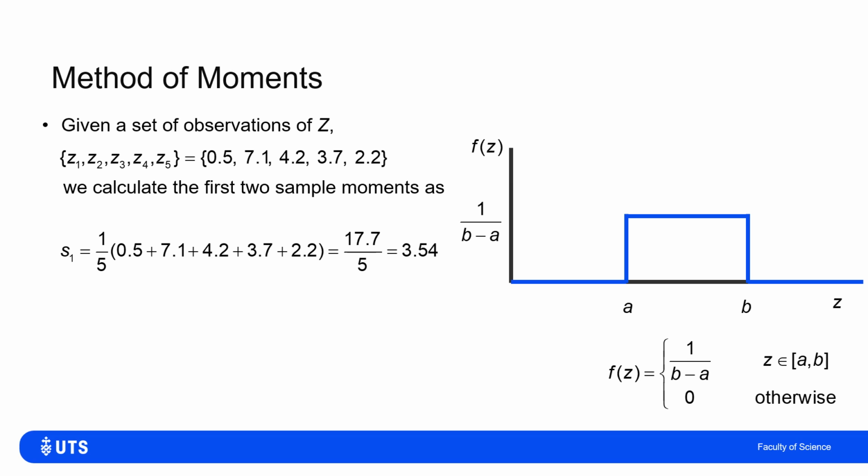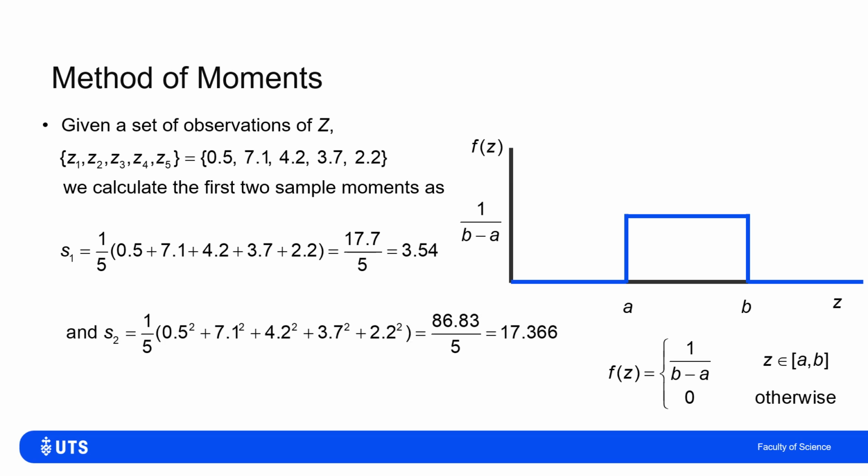Divide that by 5, 3.54 is the average of them. Similarly, I squared them all, added up the squares, divided by 5, and I got 17.366. So I got the first and second sample moment.